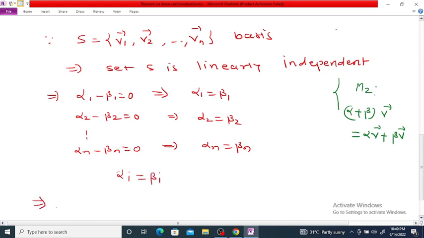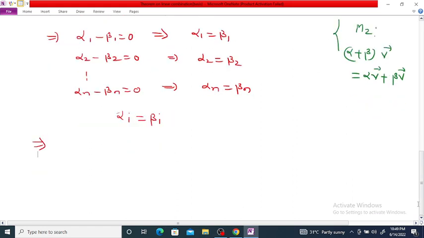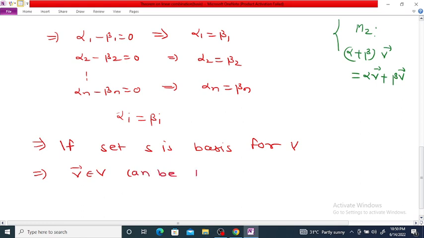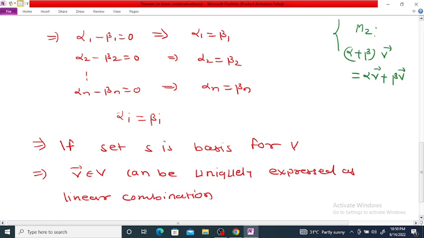This implies that if set S is a basis for V, then any vector V bar belonging to V can be uniquely expressed as a linear combination of the basis vectors.